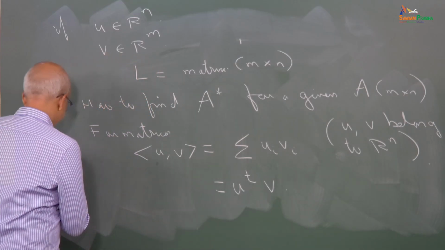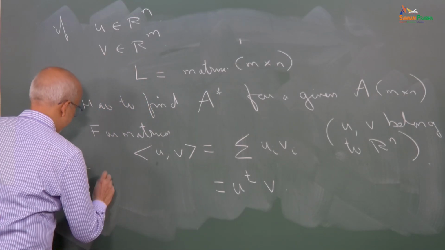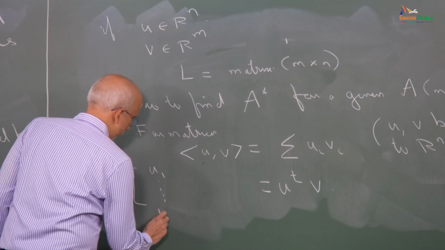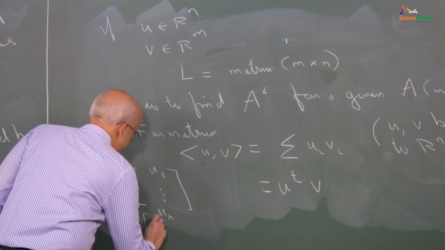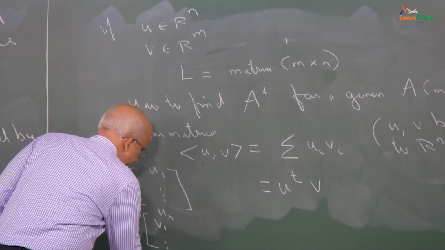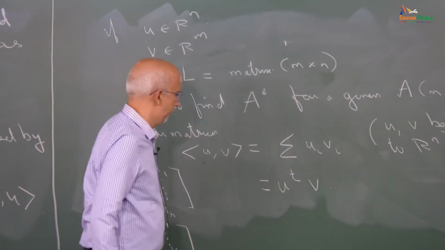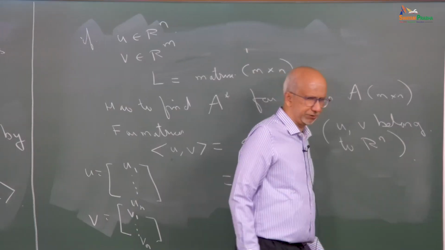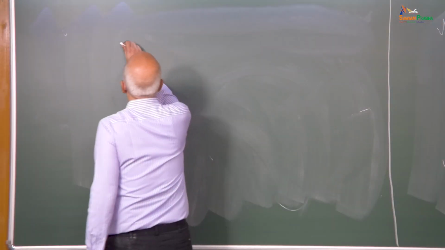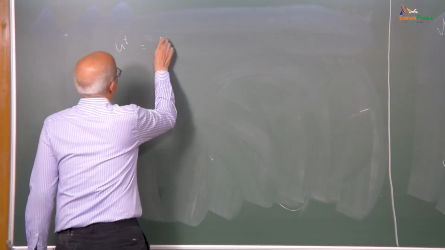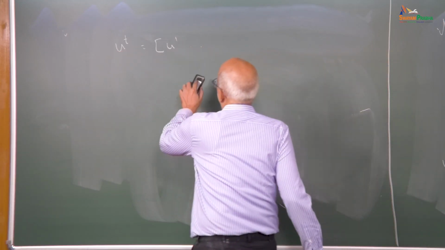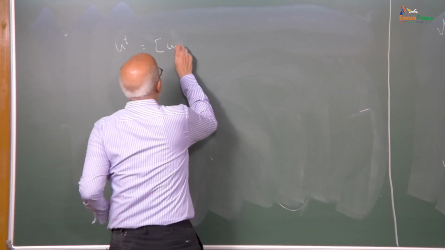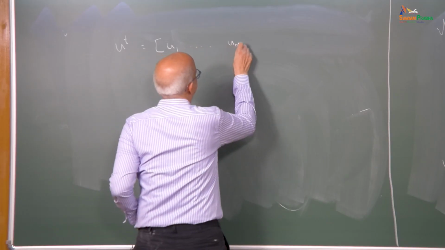So, u is u1 to un, v is v1 through vn, and u transpose is u1 through un.